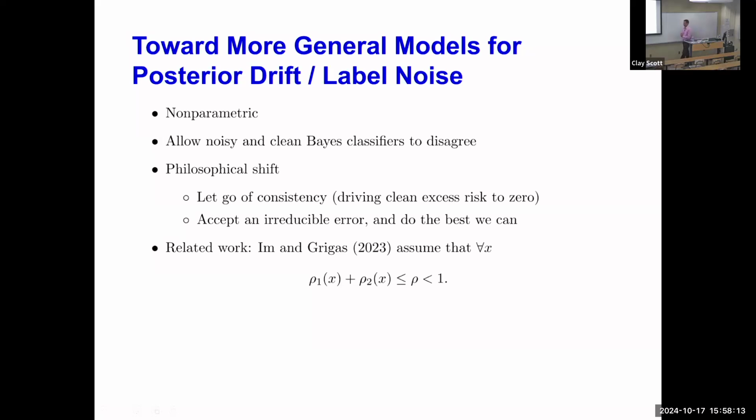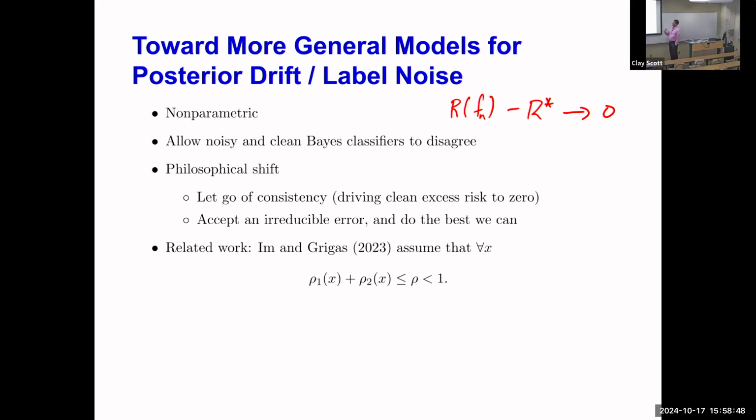To do that requires a philosophical shift. You have to let go of consistency as your goal. Consistency is the idea that the clean excess risk gets driven to zero as n goes to infinity. And that's what the prior works are trying to do.